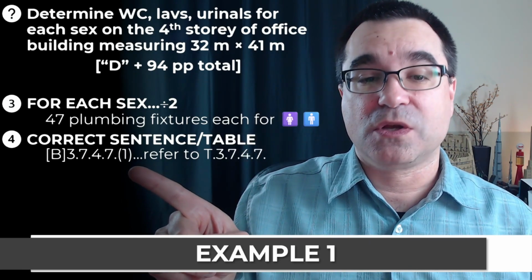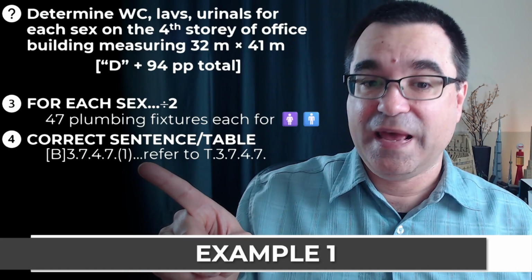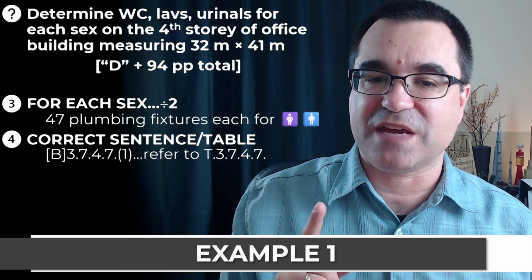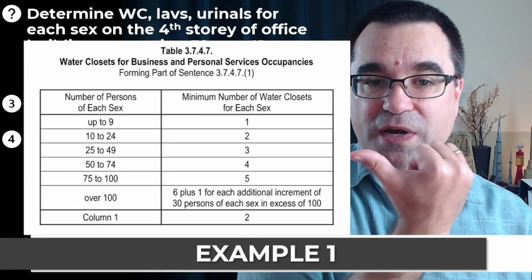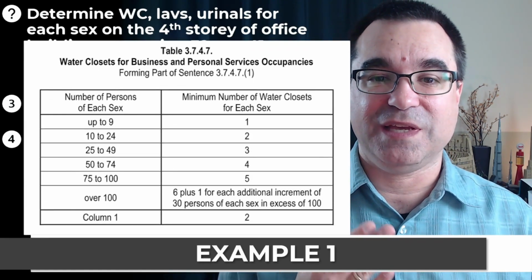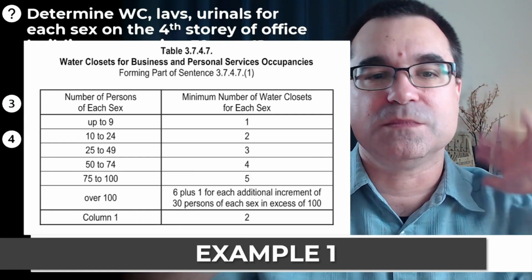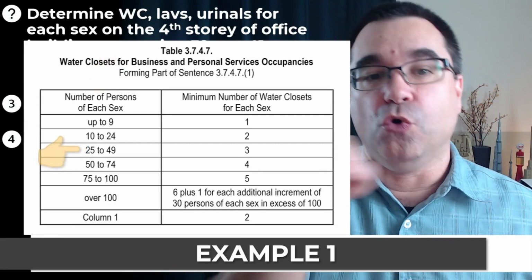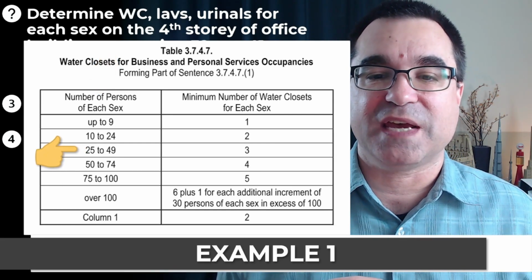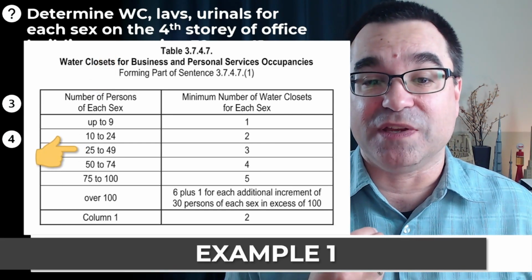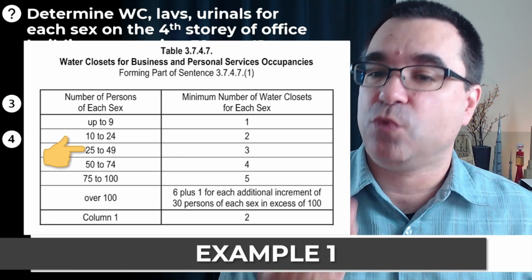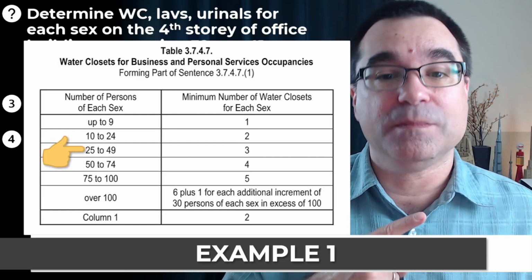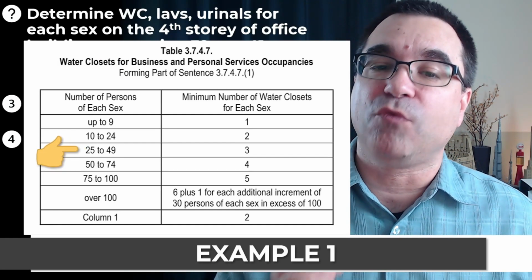So I look at sentence 1, and that sentence 1 points to table 3.7.4.7, which is this one right here. When I look at that table, notice how there are 2 columns. I'm going to start with the leftmost column, which has rows for number of people for each sex. Because we have 47, we go in the row that has 25 to 49. Then in the other column, we have the corresponding number of water closets.